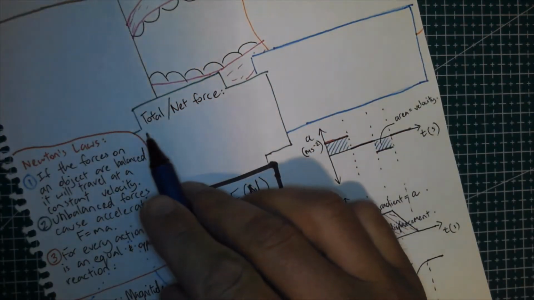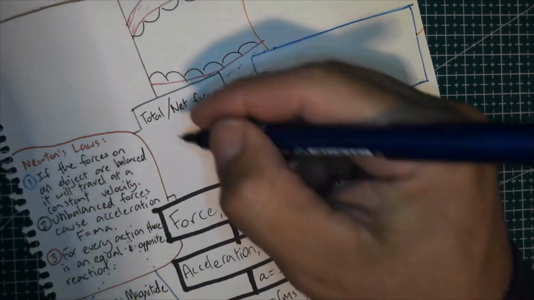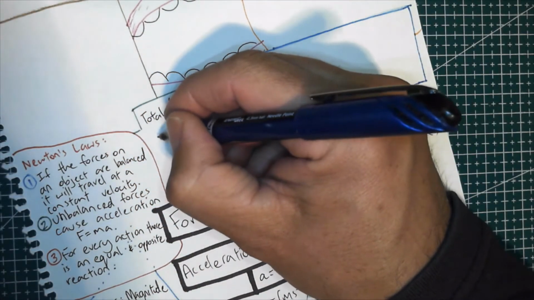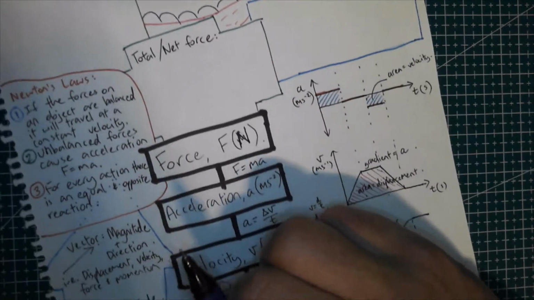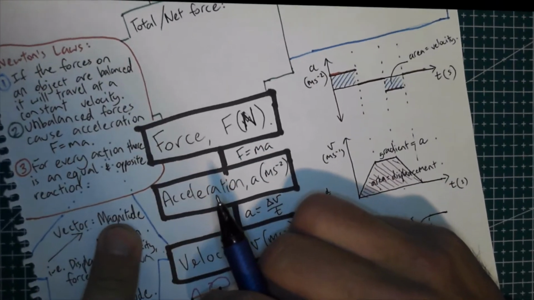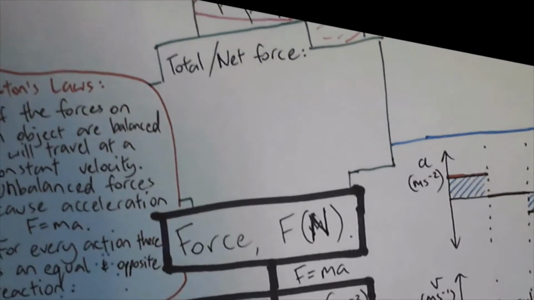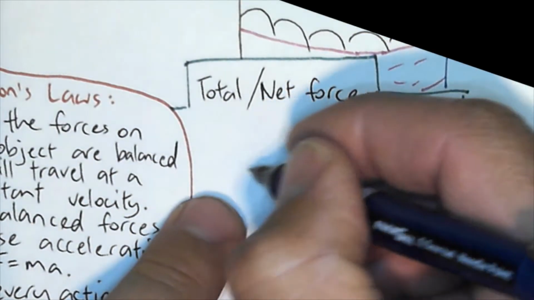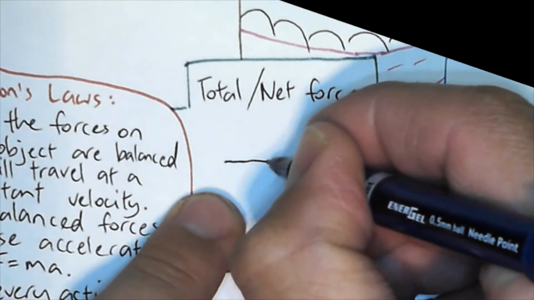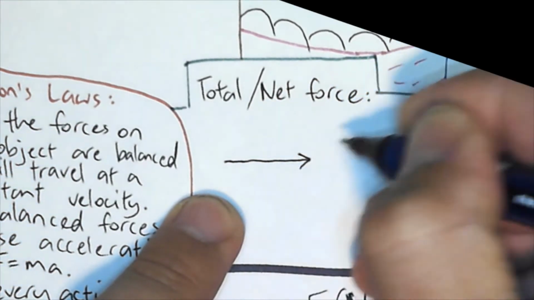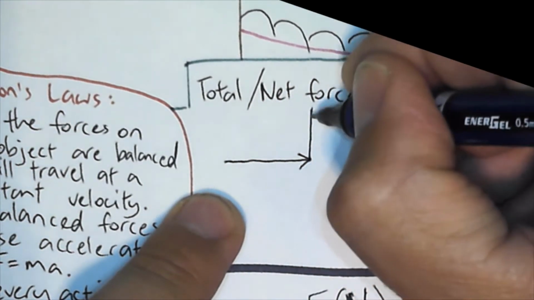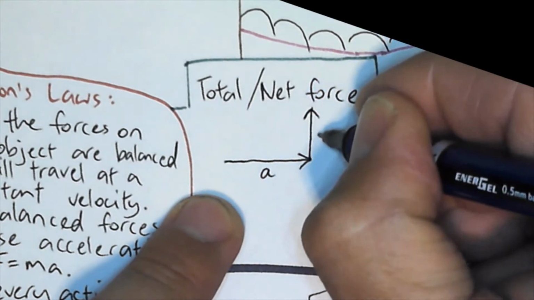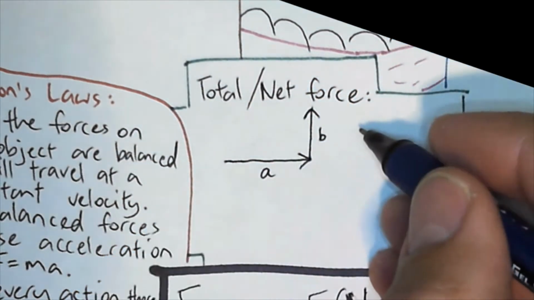To work out a total, you always add things together, and we need to consider when we're adding vectors together not just the magnitude but also the direction of those vectors. So say we had two forces acting on an object, force A and force B. We can add them together like this.